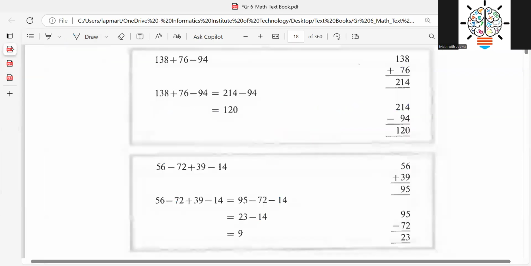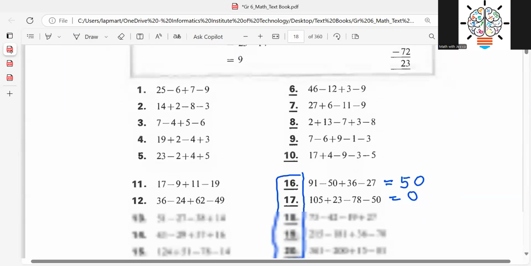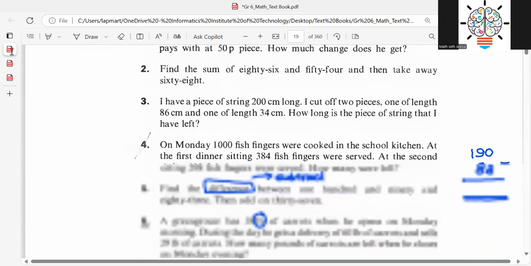If they have given the positive and negative signs here and there, the addition and subtraction, first you write the addition closer, 56 and 39, it gives you 95. From 95, you deduct 72 first, and then whatever answer you get from that value, you deduct 14, okay?